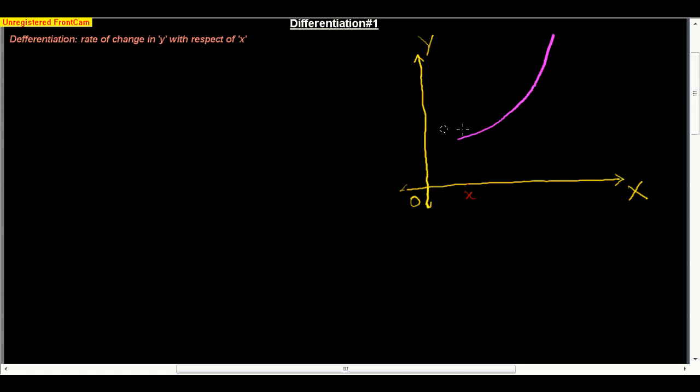So we see that the coordinate of this point would be, this point is P, we assume it is point P. The coordinate of this point would be x and f of x. This would be the coordinate of point P.